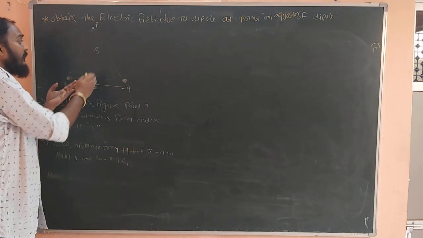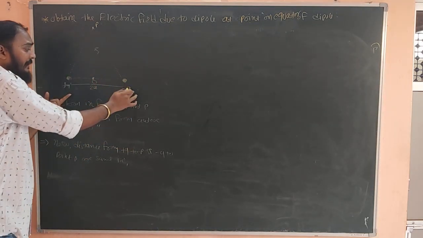How can we know the distance of plus Q to P and minus Q to P?